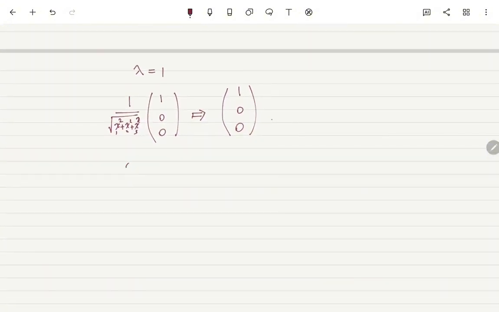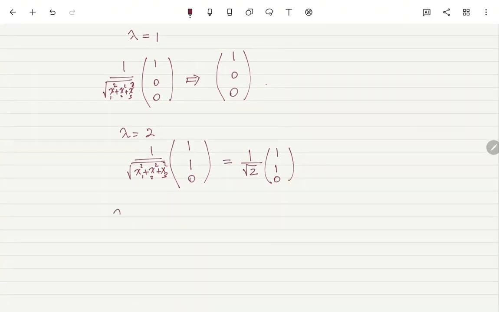Now for lambda equal to 2, the eigenvector is 1, 1, 0. To find the normalized eigenvector, we have to multiply this one with 1 over square root of x1 squared plus x2 squared plus x3 squared. In this case, x1 is equal to 1 and x2 is equal to 1. So the normalized eigenvector for lambda equal to 2 is 1 over square root of 2 times 1, 1, 0.